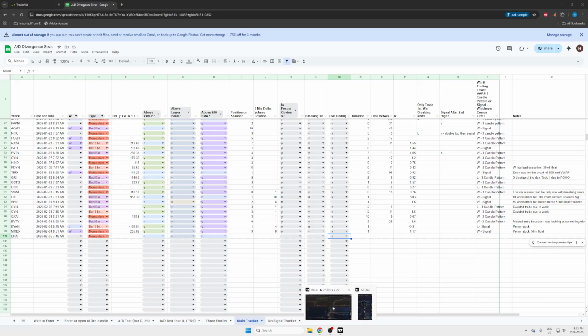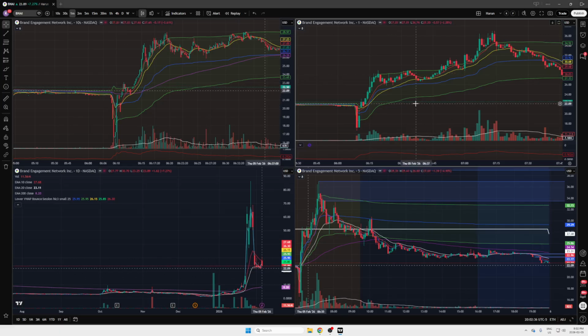So basically, you have to have a stock that has breaking news, okay? And at the time of the setup occurring, the 5 minute dollar volume should be within the top three of the entire market.